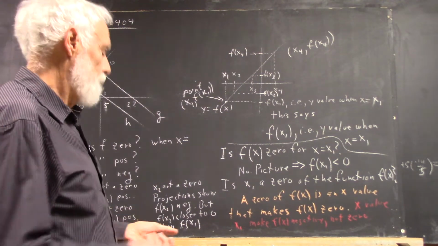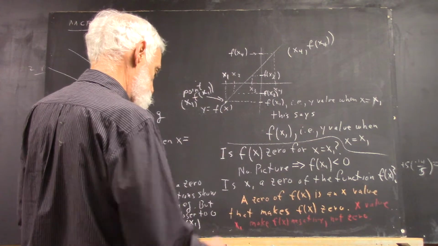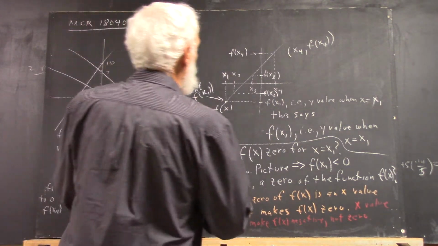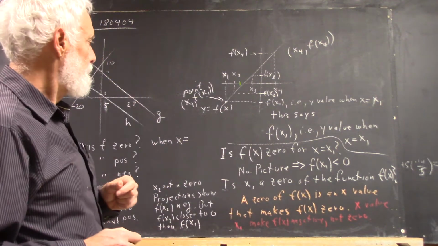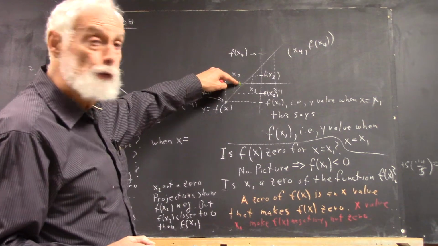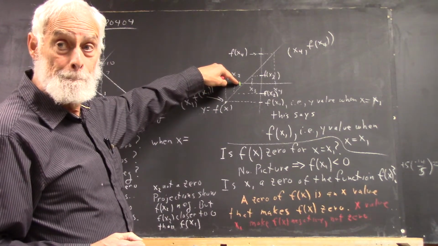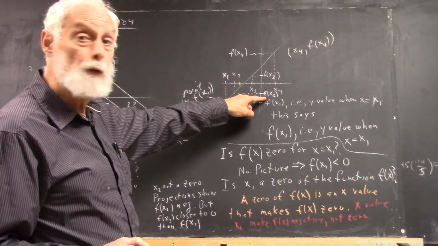Is there a point? Well, let's just do this. We'll use green chalk. If I move to here, what can you tell me about f of x for this point? It's negative, but closer to being 0 than this is, right?